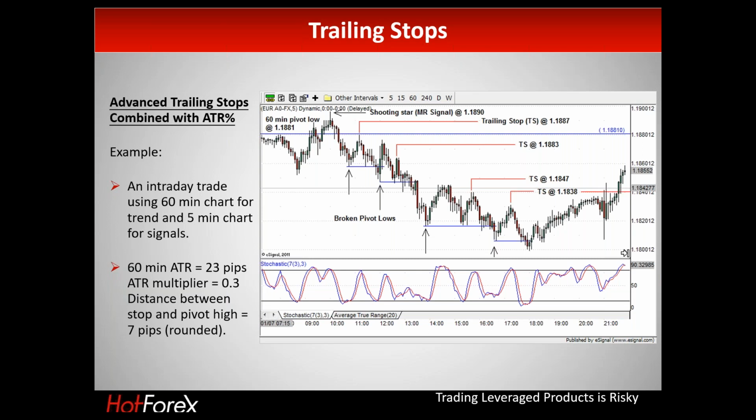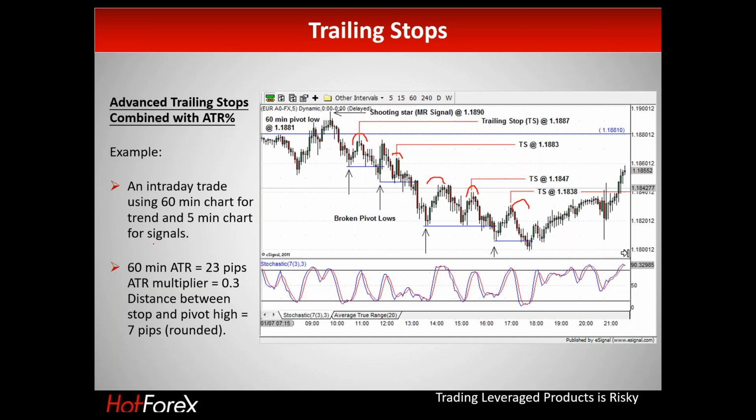As soon as they break, in this case we enter long with trailing stop 3 pips away from the entry, which was the distance between the entry level and the pivot high. It was just 3 pips away from every single pivot high that we are getting. Pivot high, pivot high, pivot high, and so on.